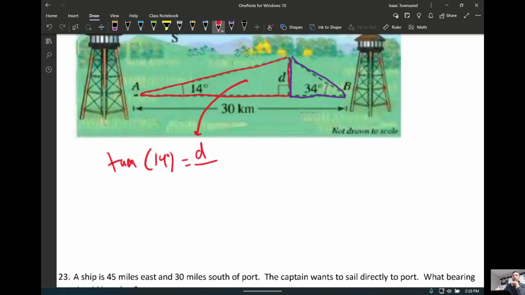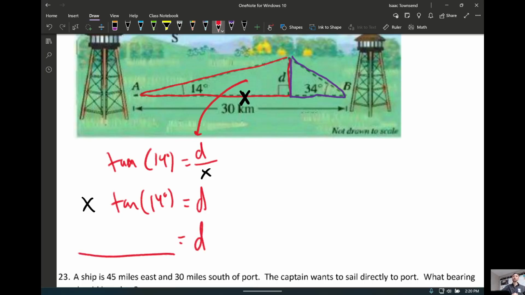So since I don't know this length, I'm going to label it as X. And unfortunately, if I have an equation with two unknowns in it, I can't solve this for D. I can't have two missing pieces. It depends on what X is. But if I can figure out what X is, multiply both sides by X, my final answer is going to be X times the tangent of 14.